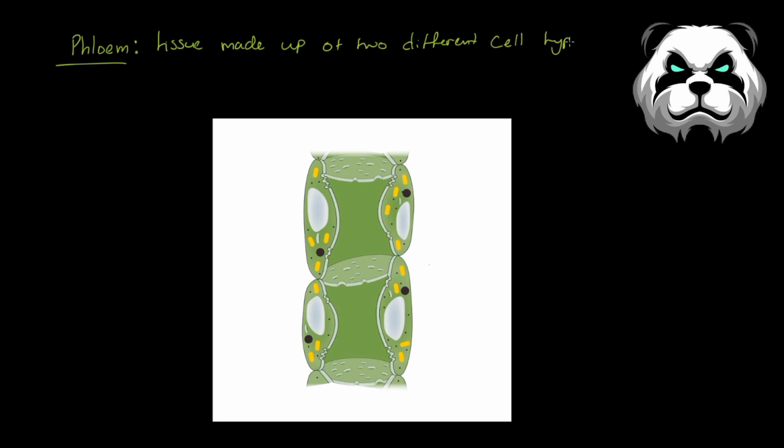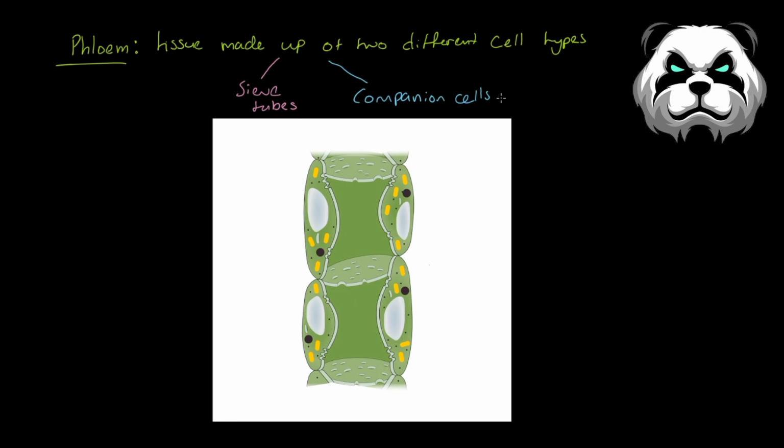Now, this becomes interesting because if we name those two cell types, the first one is what we refer to as sieve tubes. Have a look at the illustration and see if you can recognize where those sieve tubes are. And the second type is what we call companion cells. Again, take a look at the illustration and see if your common sense and intuition suggests which features are the companion cells.